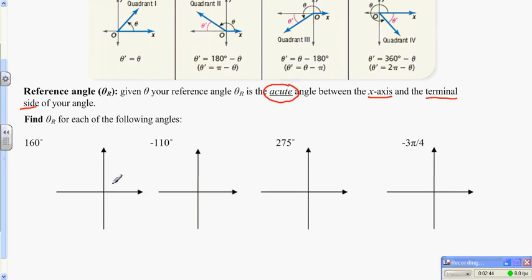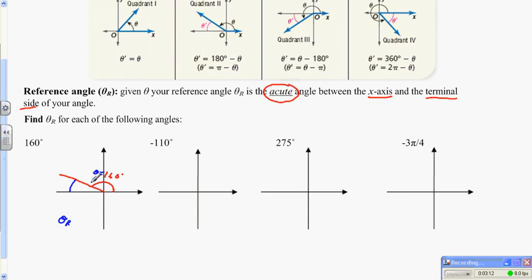So 160 degrees would take you past 90 and almost to 180. If this is theta, then theta r, or the reference angle, is the degree it takes to get from that terminal side down to the x-axis.